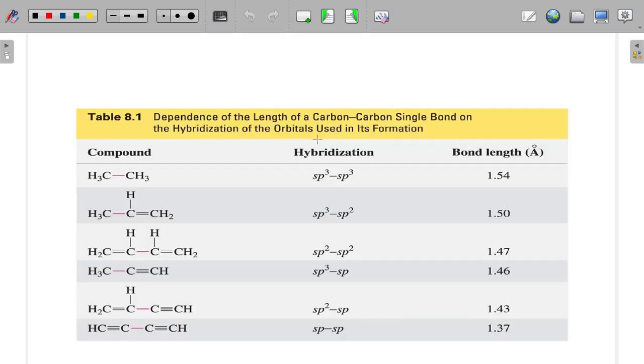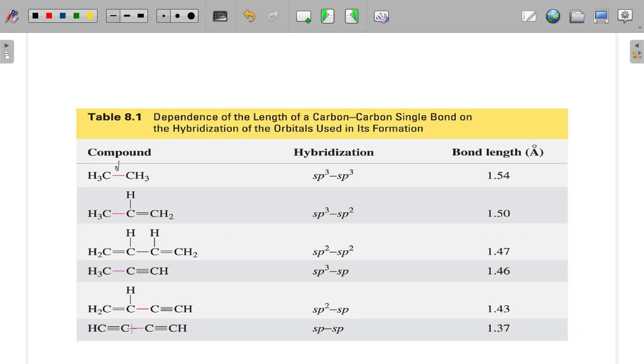So here's what I mean by the shorter. When I have a carbon-carbon single bond, it's always going to have a bond length of about 1.5 angstroms. If I put it near a double bond, it's still right about 1.5 angstroms. It just goes down a little bit. But as soon as it's conjugated, right between the double bonds, it's quite a bit shorter, from 1.54 to 1.47.